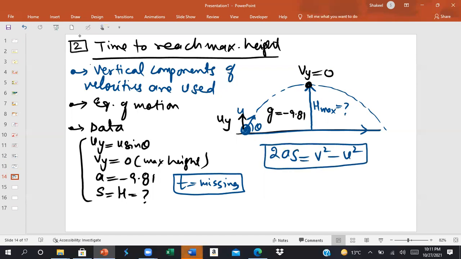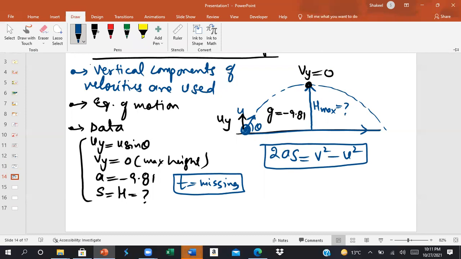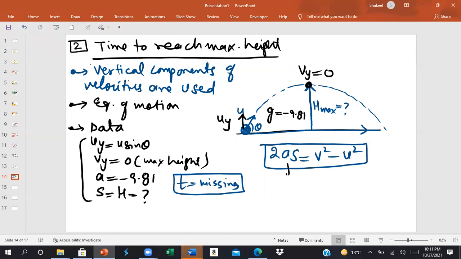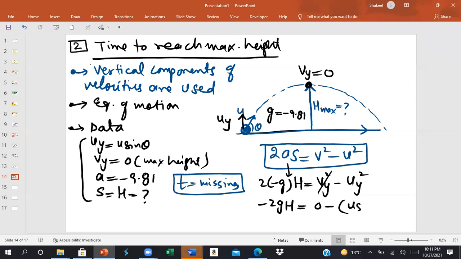Now, once the equation is decided, you have to modify it. So let's modify it: a is minus g because the object is moving up, and s is h, and this is vy square minus uy square. Now let's quickly solve it. Vy will be 0 because at maximum height it is 0, and uy is u sine theta, squared.